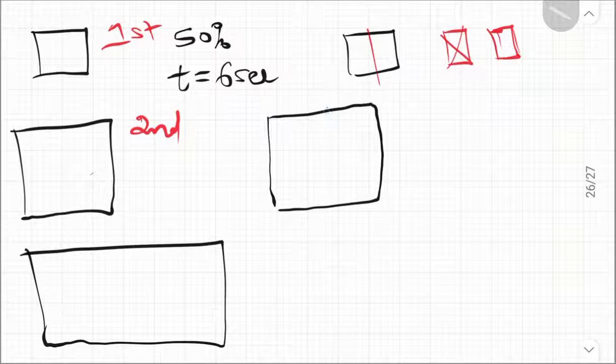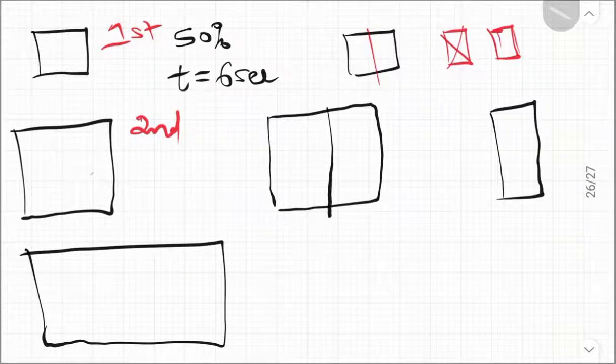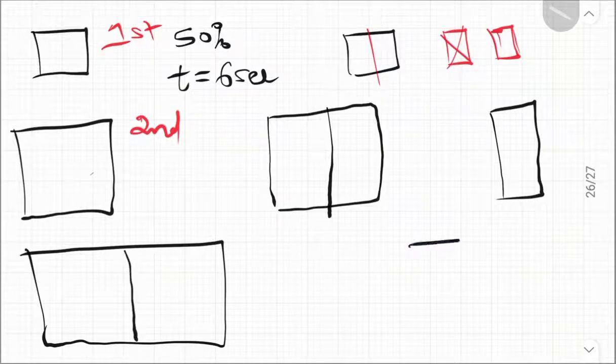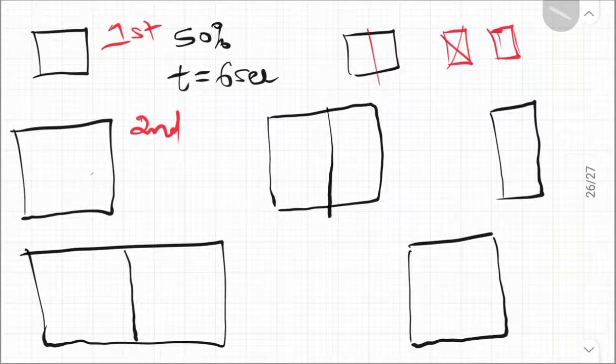All right, so half of this would have also decayed, so we just have this left, right? Same thing here, so half of this would have decayed, right? So we just have this left, right?